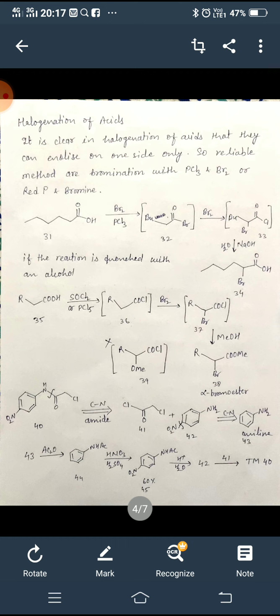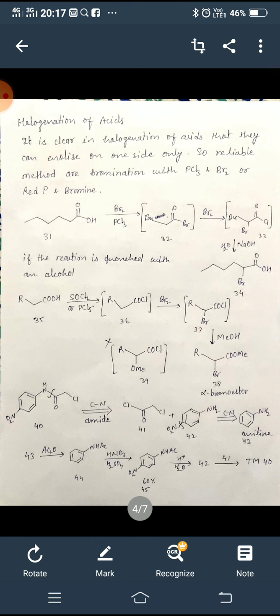A reliable method for the bromination is PCl3 and Br2, or red phosphorus plus bromine, so we get the target molecule like 31. This is the halogenation of the acid: the acid in the presence of bromine and PCl3 converts into molecule number 32.